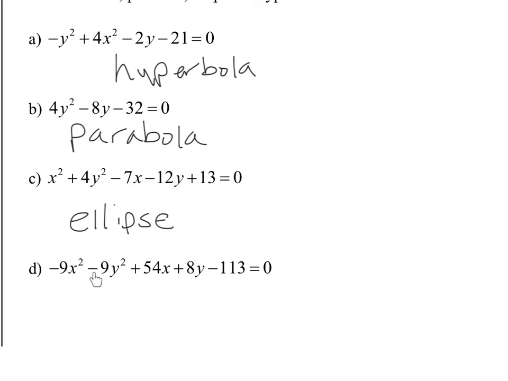These are both squared terms, and yes, there are negative signs here, but that doesn't necessarily mean that it's a hyperbola. If they're both negative and they're the same number, then that's not a hyperbola. This is actually a circle. So remember, if the terms are both squared and the coefficients are the same, it's a circle.